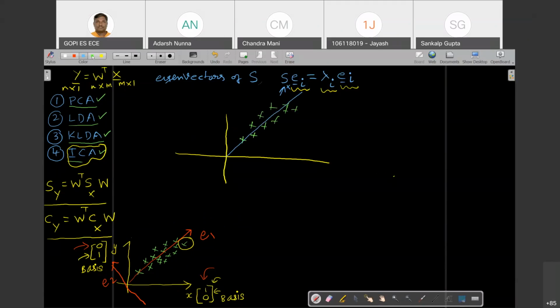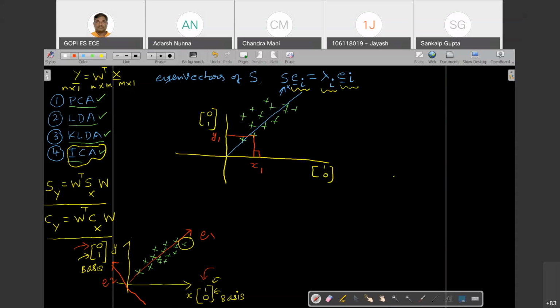So let me have the data like this. With reference to the original basis, you are doing a perpendicular projection of the vector on this basis, and you will get the coordinates. This is going to be your x1 and this is going to be your y1.